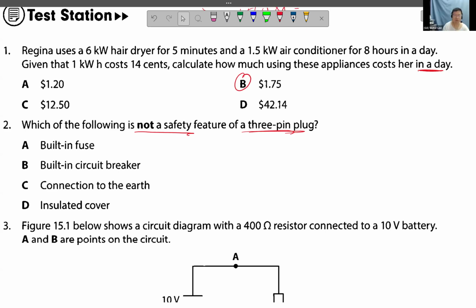Connection to Earth? I thought in a 3-pin plug one of the pins connects to Earth. You mean your 3-pin plug has a built-in circuit breaker inside? No, right? You only have a fuse. Answer is B.